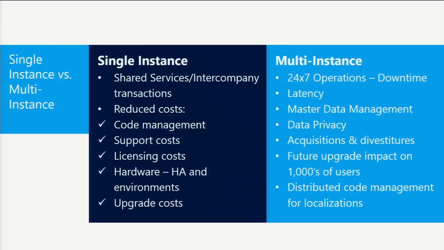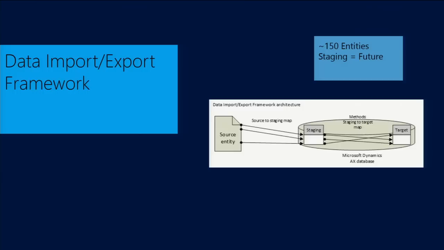But again, think about what is the nature of the business? How fast are things changing? Do I have the local support? Am I going to continue to have that local support? And if I am, it may actually be better to have those localizations only be for an instance, because other people will be impacted by putting all the localizations in a single instance, especially if everything's turned on. Now, it's usually not a problem on the transaction side, but it certainly is an issue on the master data side, okay?